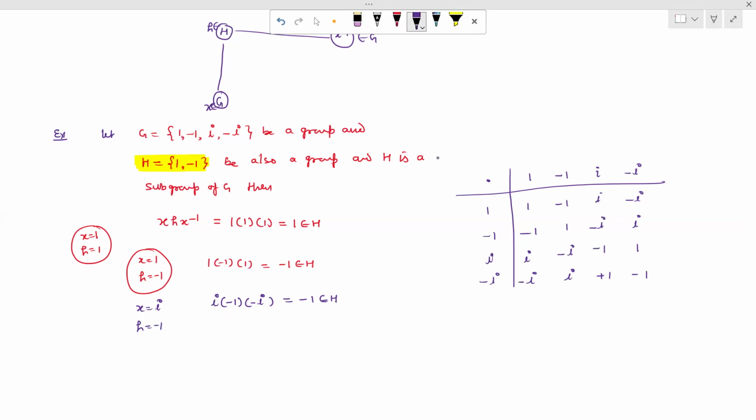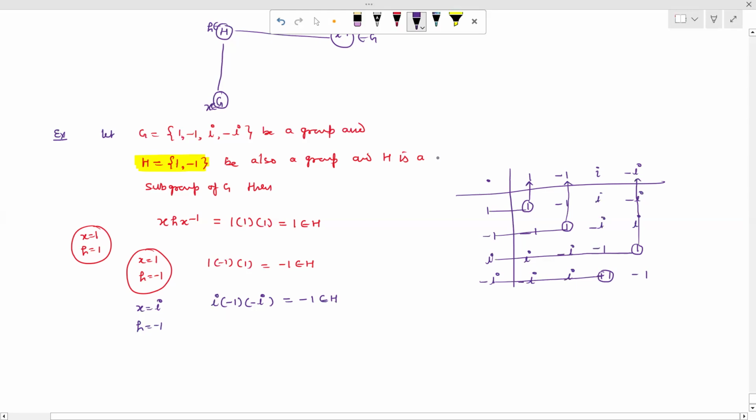So when we take the inverse, we circle the identity elements and see the image of each element. The inverse of 1 is 1.